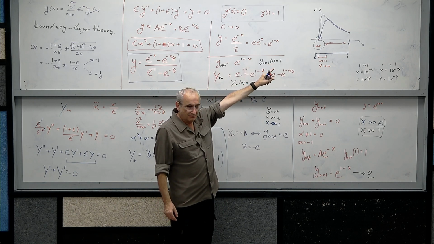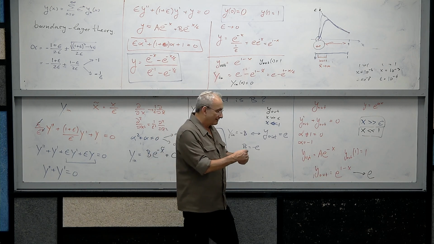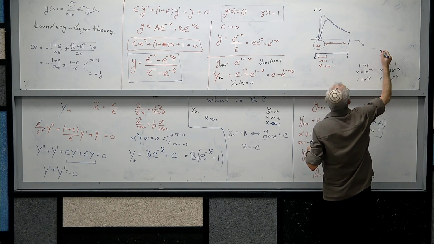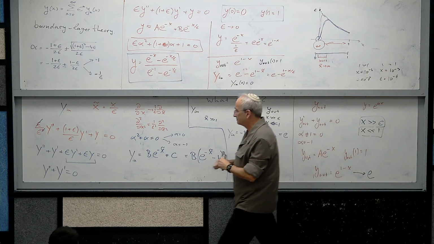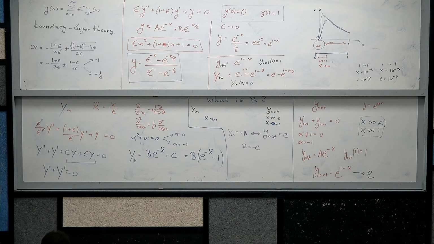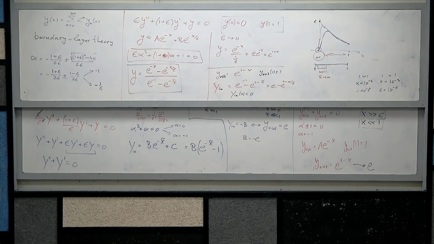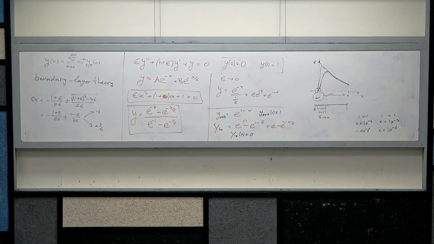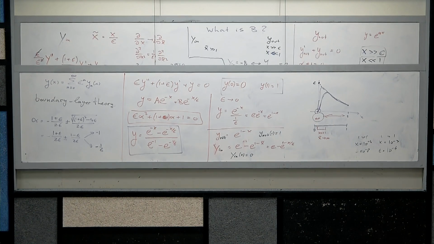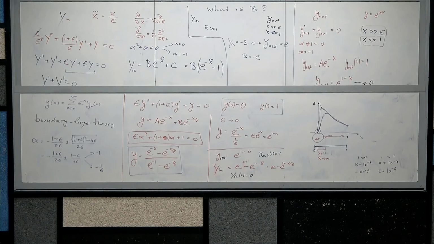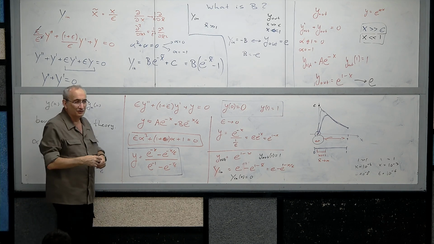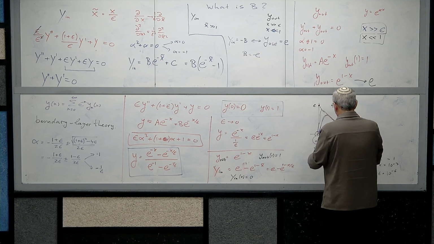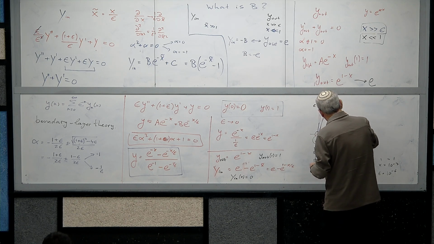Both of them match each other in the overlap region. Now you have to plot it in order to see how it looks, and you will see that y out is clearly this one.